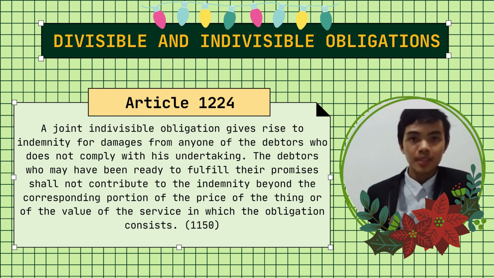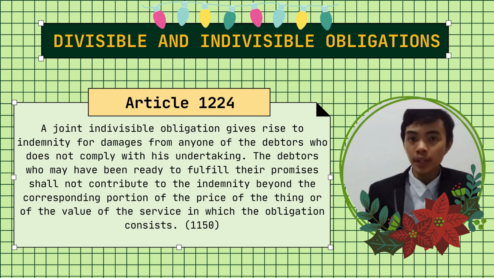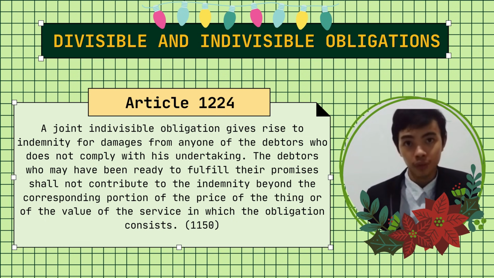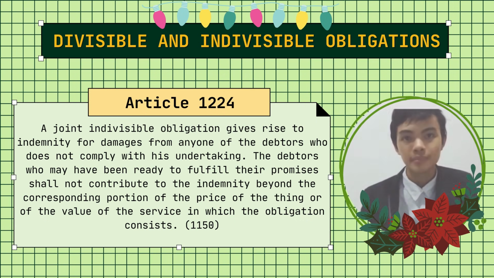This article explains the difference in liability for indemnity between debtors who are ready to comply with their share of the joint obligation and those who are not. That is, the debtor who is ready to comply with his share of the joint obligation shall only contribute to the indemnity for his corresponding portion of the price or value of the object of prestation.